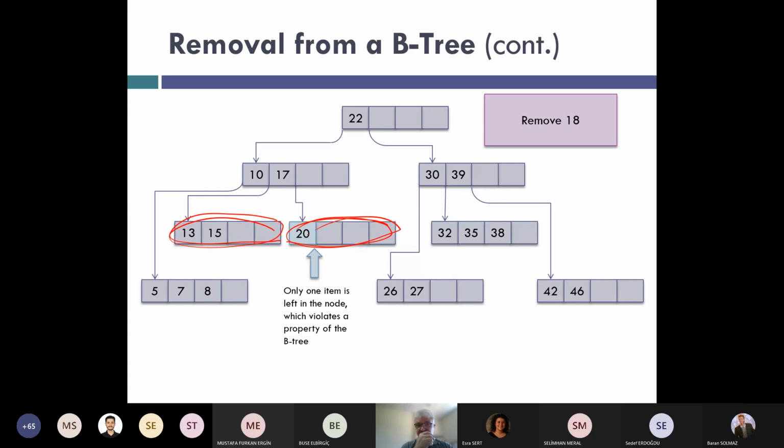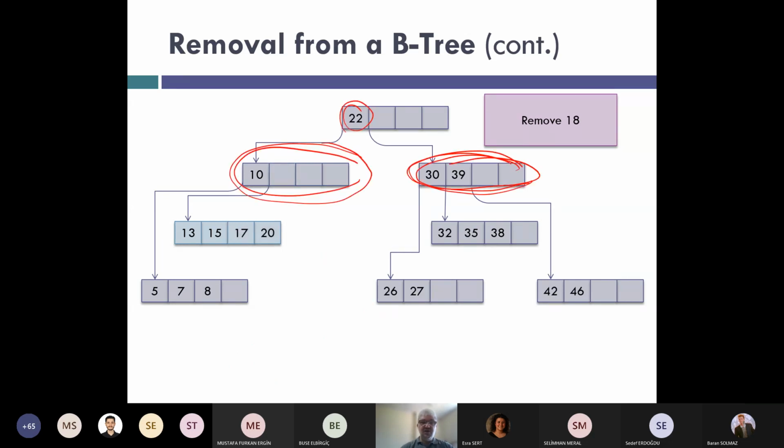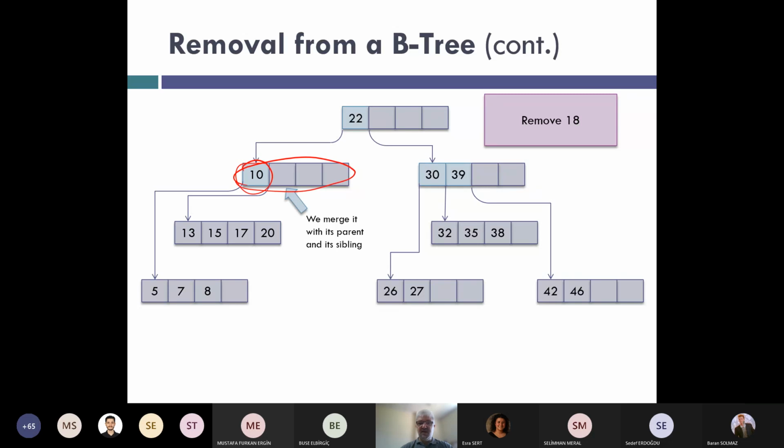So we have to perform a redistribution. And since merging these four values into one node is possible, we perform that. And now the parent becomes less than half full. We have to merge with the right sibling, and we perform that.